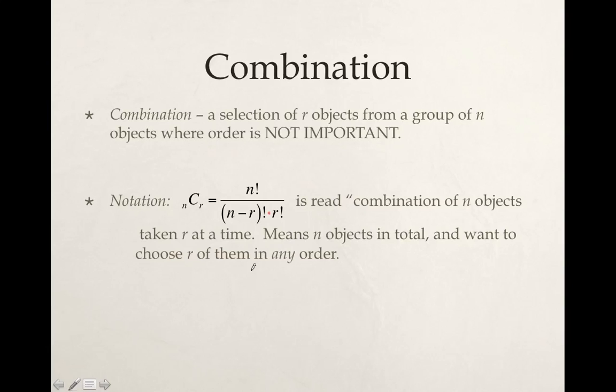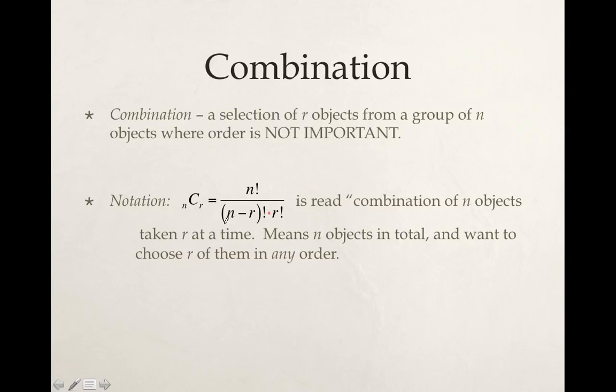In a combination, because Amy, Bob, and Carl would count as one result regardless of what order they were in, we don't need as many different possibilities. And so in order to get fewer possibilities, you can think about having to divide by more stuff.